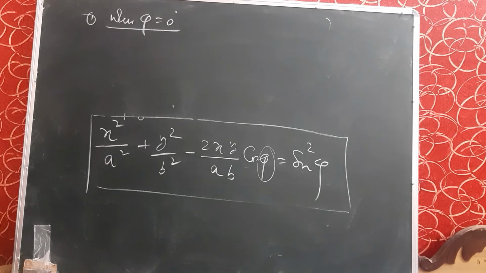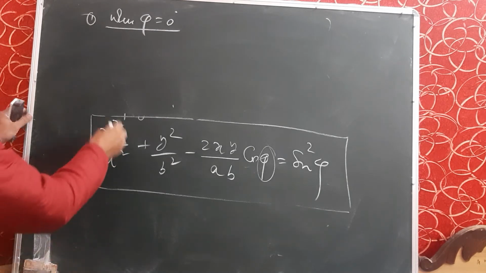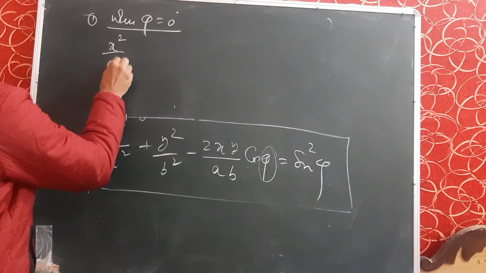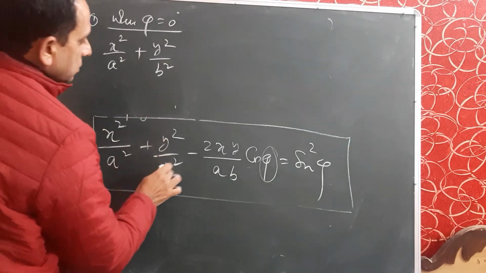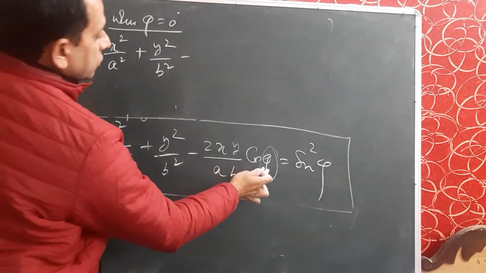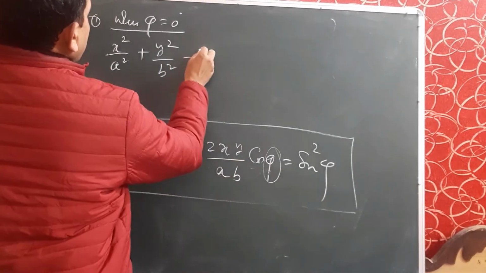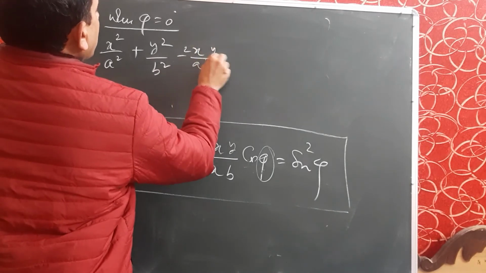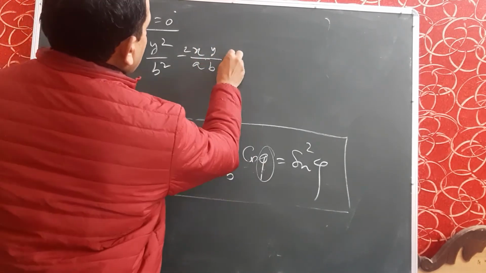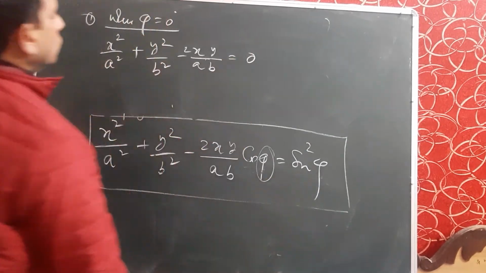So, put phi as 0. So, we will get x square upon a square plus y square upon b square as it is, and minus 2 x upon a, y upon b into cos 0, which is 1, is equal to sin 0, which is 0.